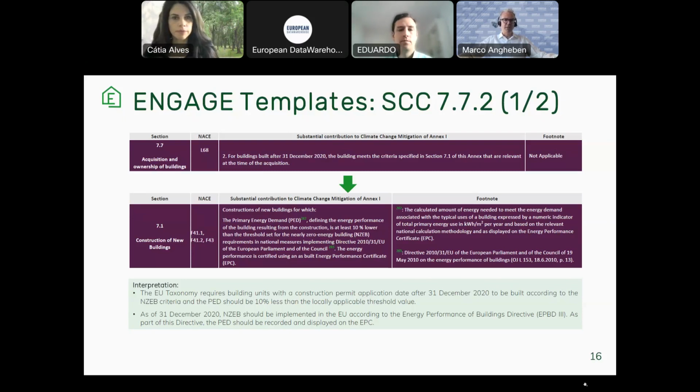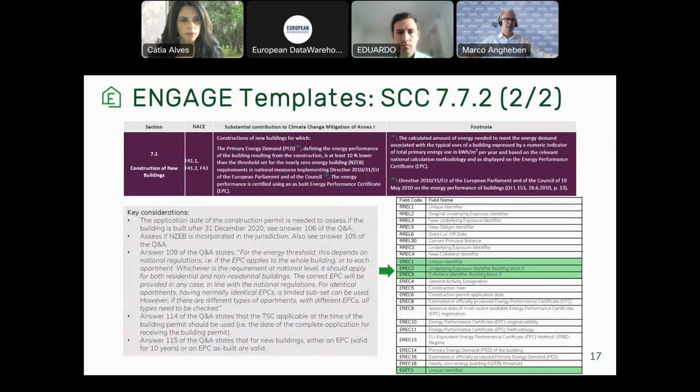In terms of the second part, again, of this section, in the next slide, the construction permit is very important in terms of the building after the construction on the 31st of December. And I think the relevance here is the answer to question number 106 of the European Commission.